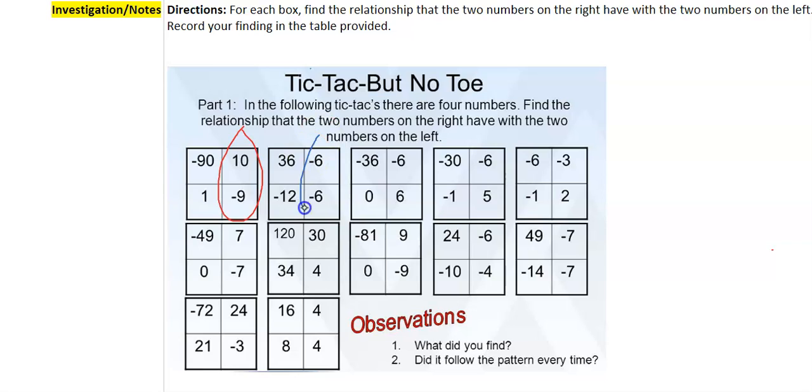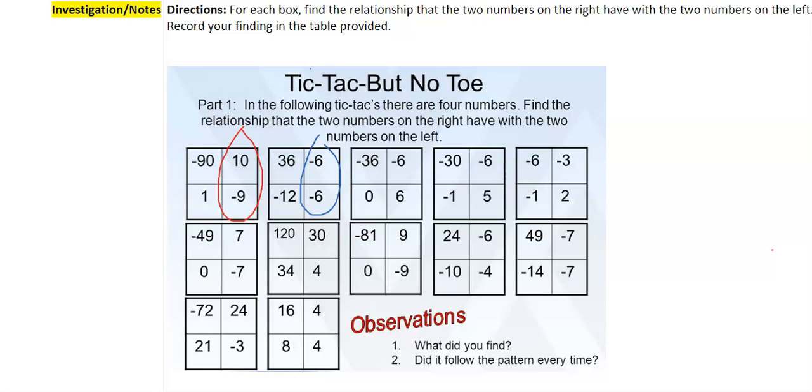In this one, on the right, we have a -6 and a -6. Two negatives multiplied together create a positive number. So that would be a positive 36, which is what we are getting in that top left box, which is the same pattern as the first one we looked at. And if we added these together, -6 plus a -6 is equal to a -12.